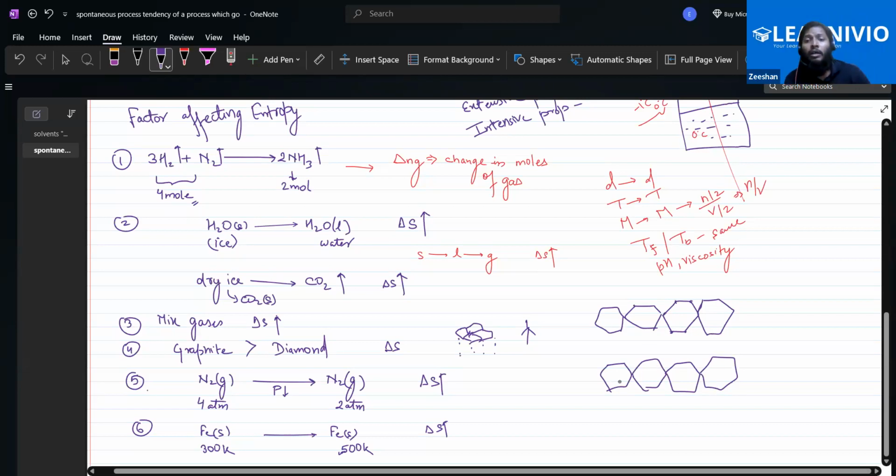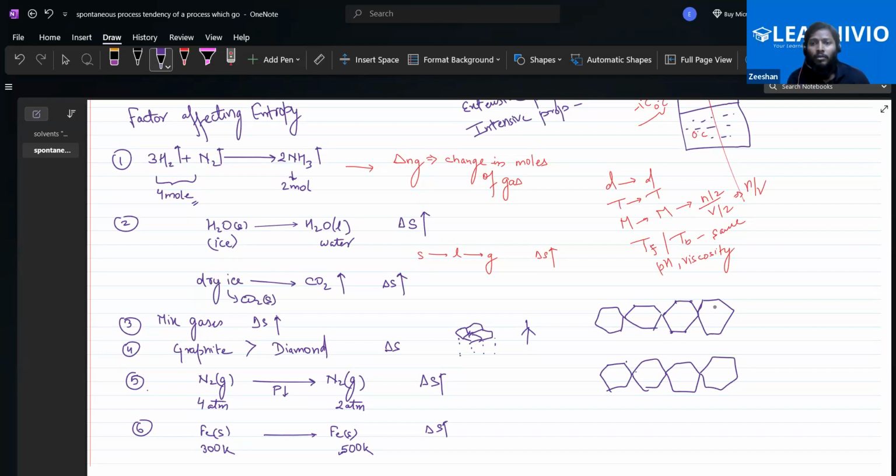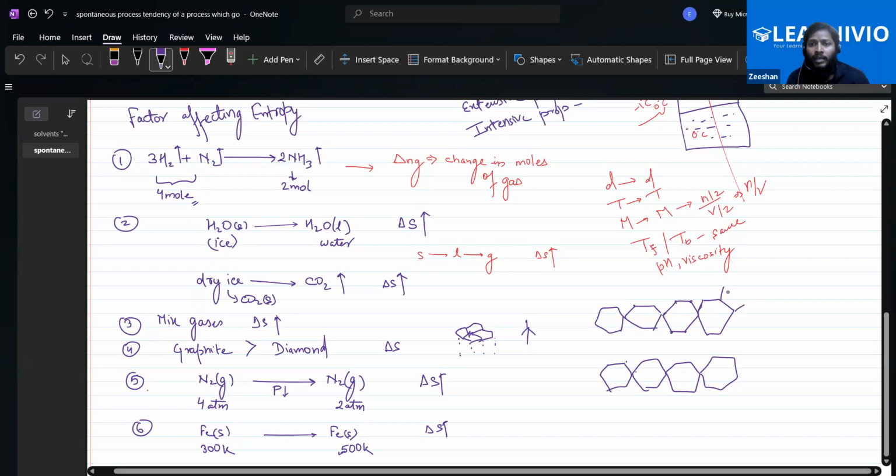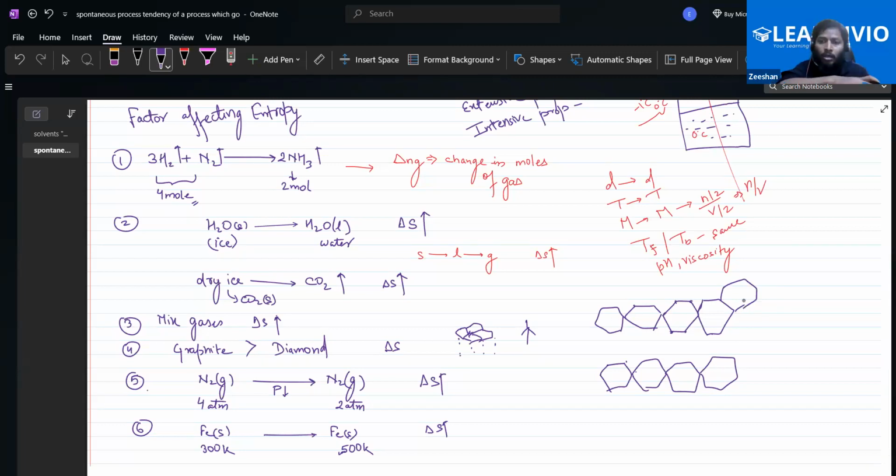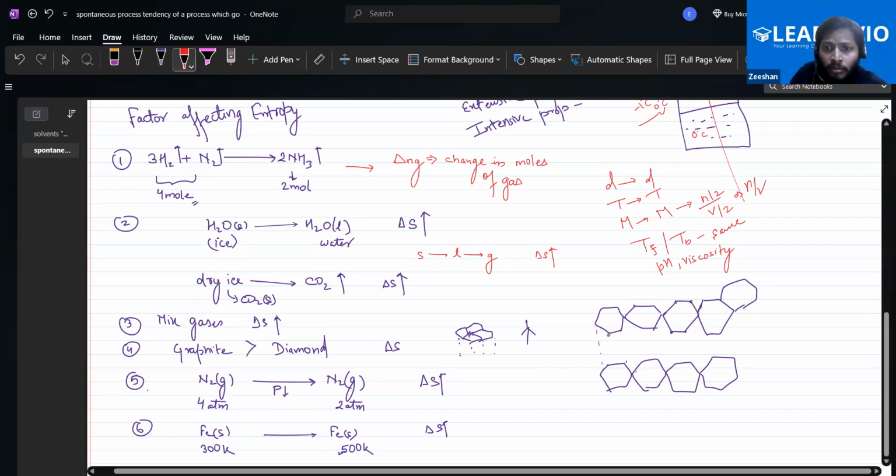They are bonded together in this fashion, and we have sheets of these structures. All these sheets are bonded together with some weak forces known as van der Waals forces.